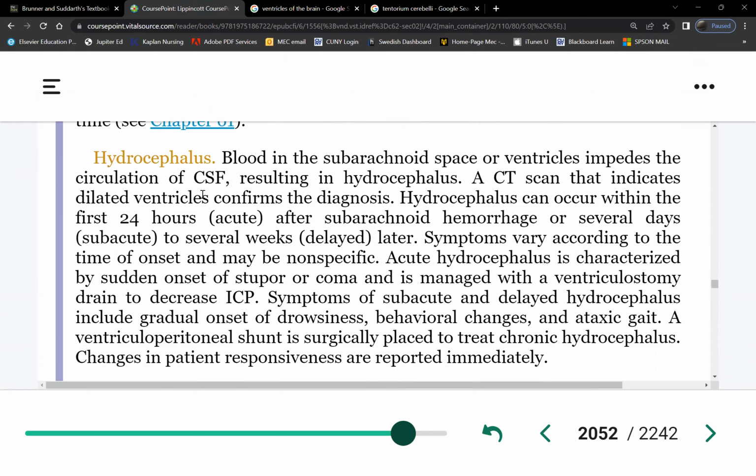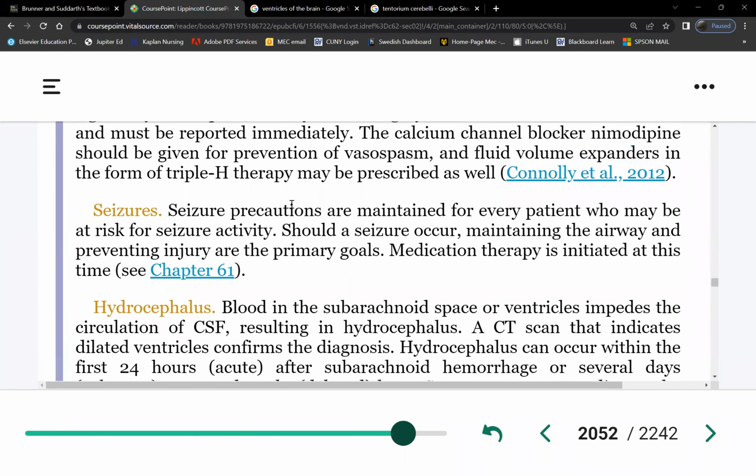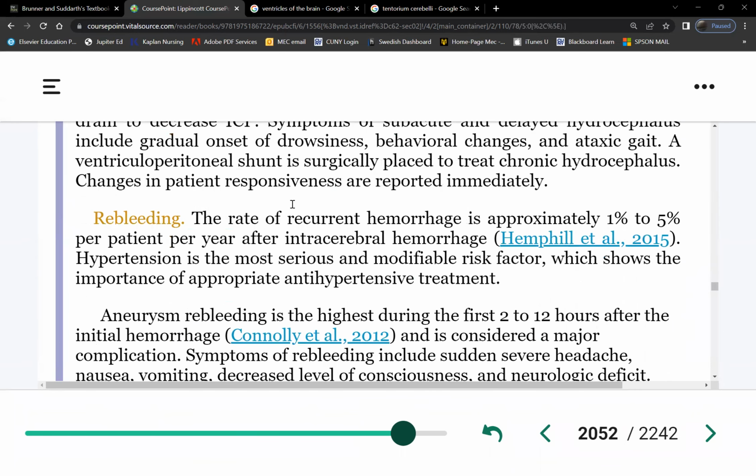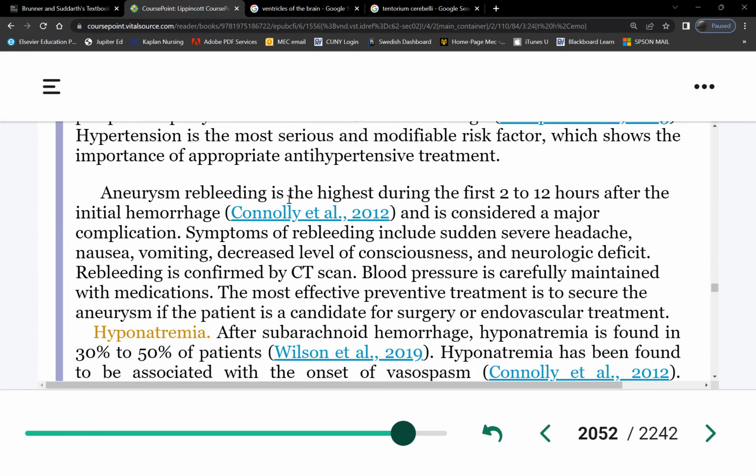So here's the hydrocephalus. Watch for this. Of course, you can't see hydrocephalus, but you can see the behavior of the patient. Any signs of changes in mental status mean ICP is increasing. Rebleeding can occur, meaning after surgery, when we stop the bleeding, they can bleed again. So that will be another stroke.